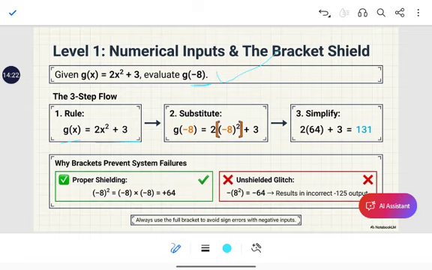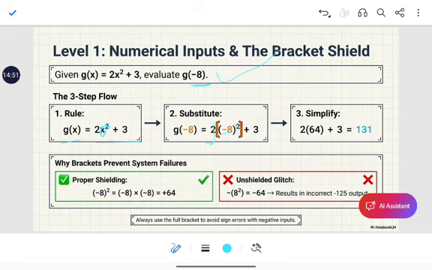Good. So we come to the next step. We have our 2 here back. We replace this x with negative 8 to the power 2. So that power 2 is still on it. Then we add our 3. So let's solve it now.